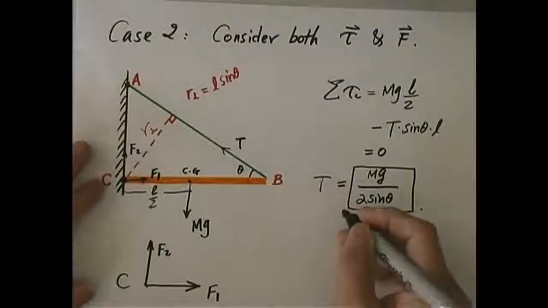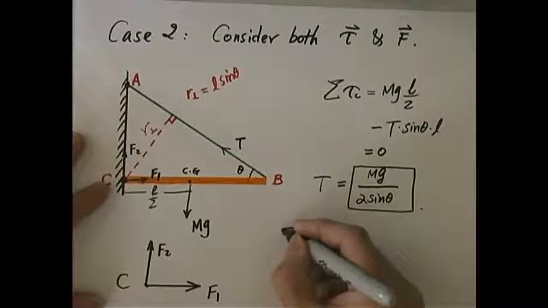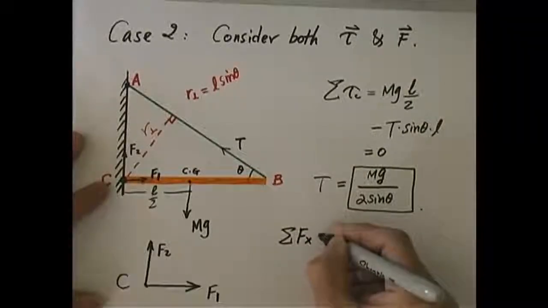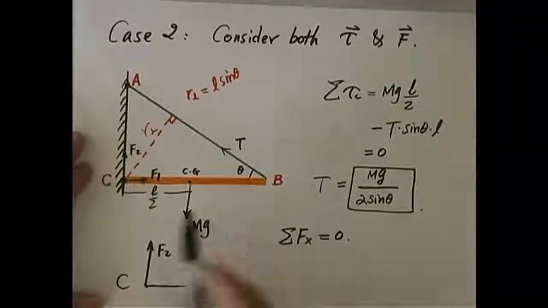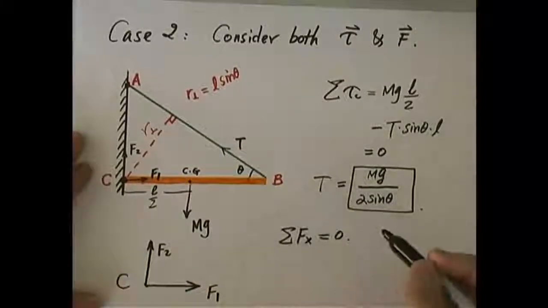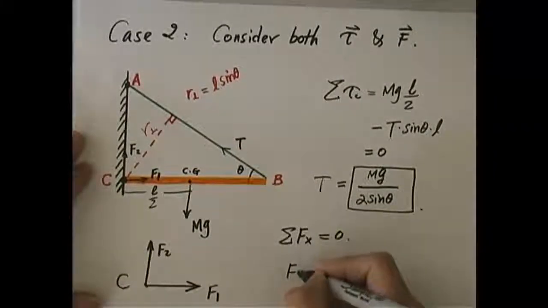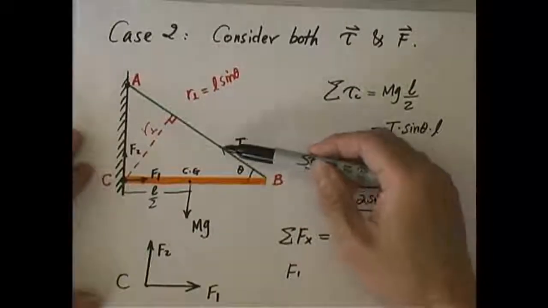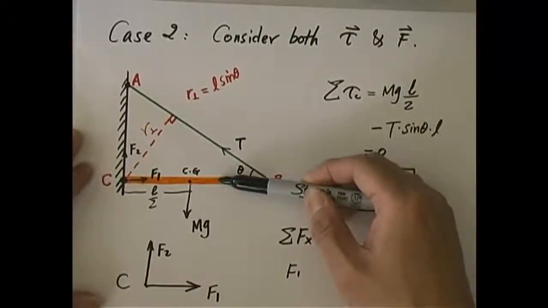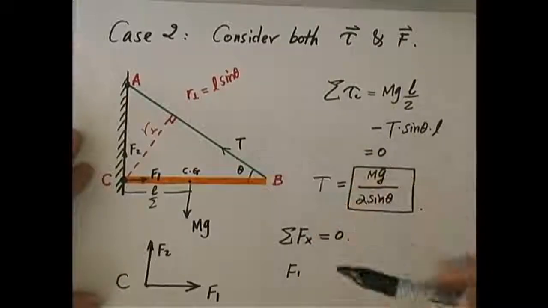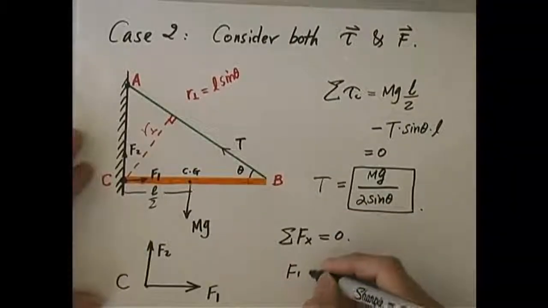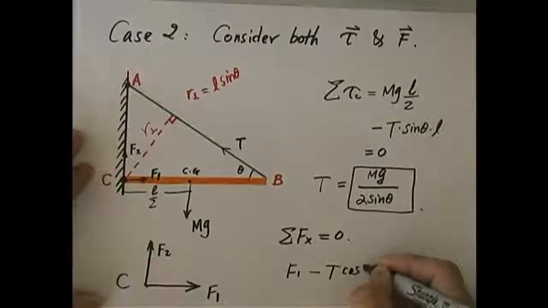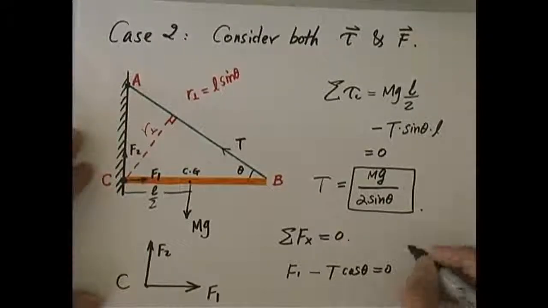Okay, so we demand that the net force along the x direction on the bar be equal to 0. If you choose this as the positive x direction, F1 is positive. And the only other force exerted on the bar that is horizontal will be the horizontal component of T, and that is T times cosine theta, negative, pointing that way. So F1 minus T cosine theta has to equal 0.